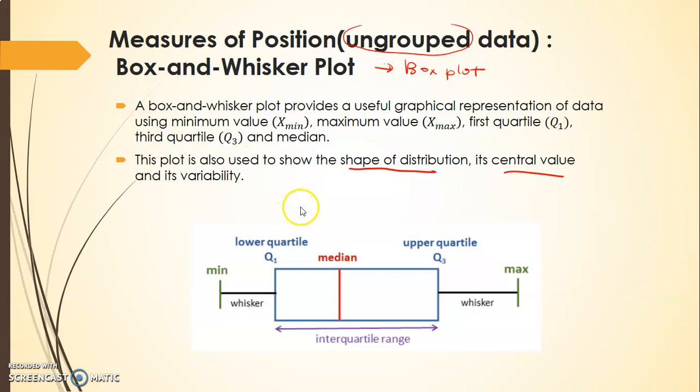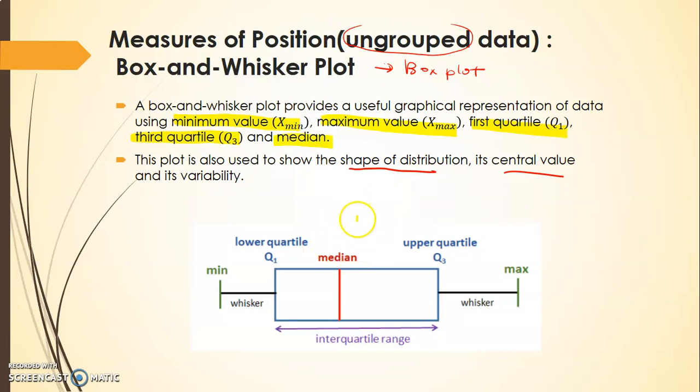To construct the box and whisker plot, we need the minimum value of the data, the maximum value of the data, the first quartile, the third quartile, and the median value of the data.